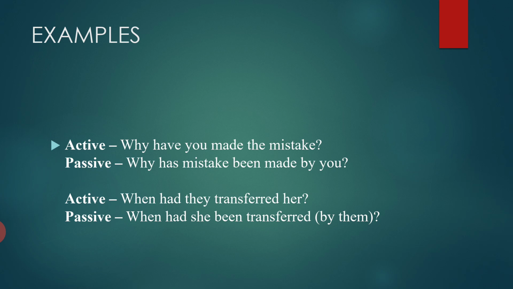When plus had plus subject plus been plus V3 transferred plus by plus subject, by them. Here her is a form of object, but when it takes the place of the subject, you have to put the subjective form of the pronoun. So, when had she been transferred by them?